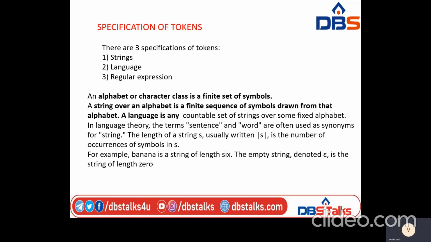The length of a string S is usually written as |S|, the number of occurrences of symbols in S. For example, banana is a string of length 6. The empty string, denoted with epsilon, is the string of length 0.